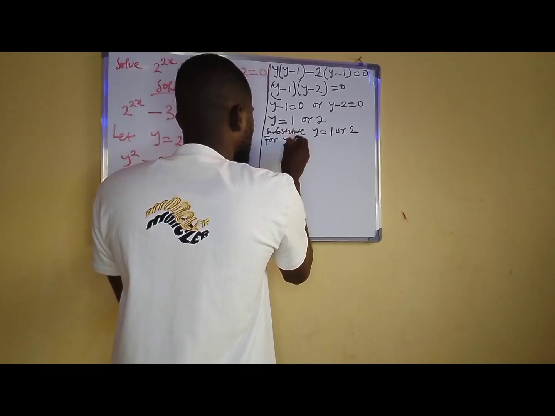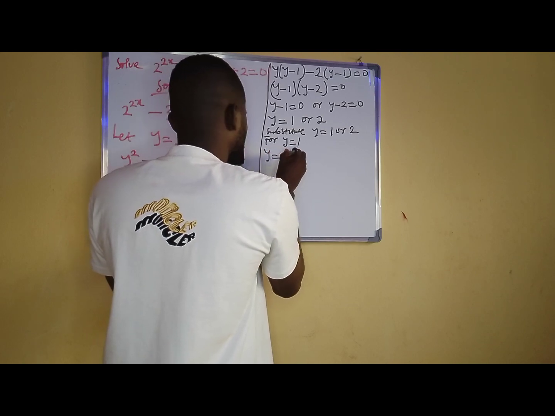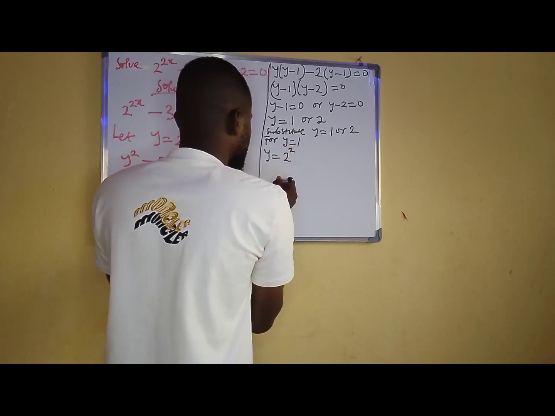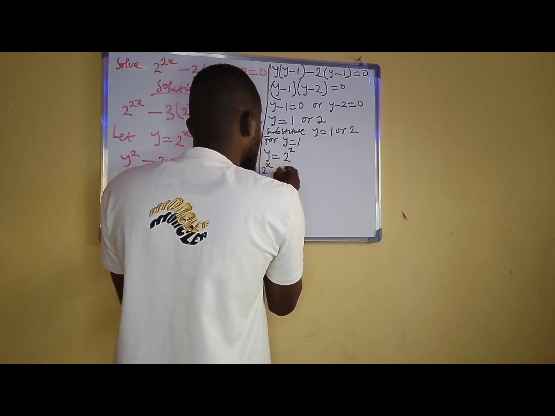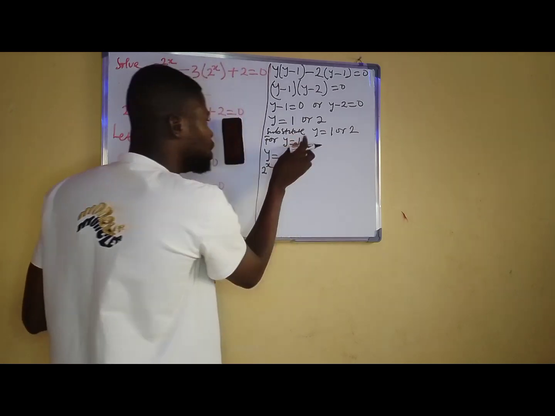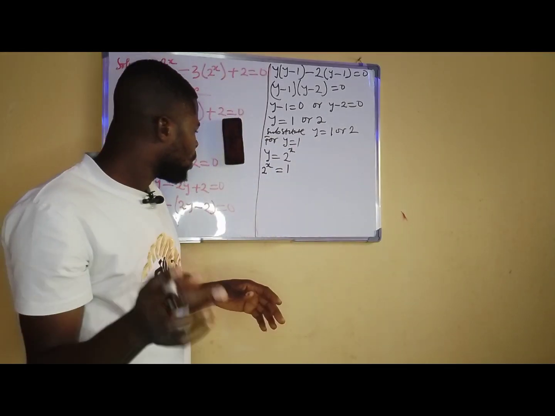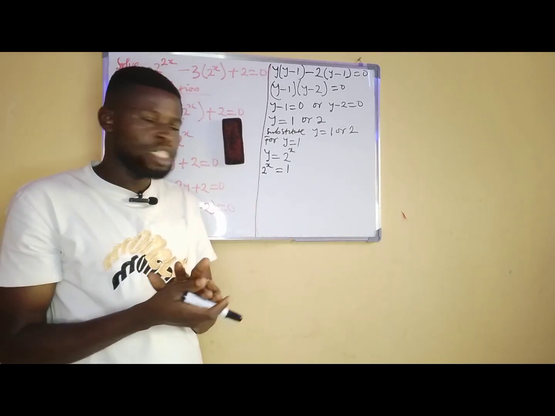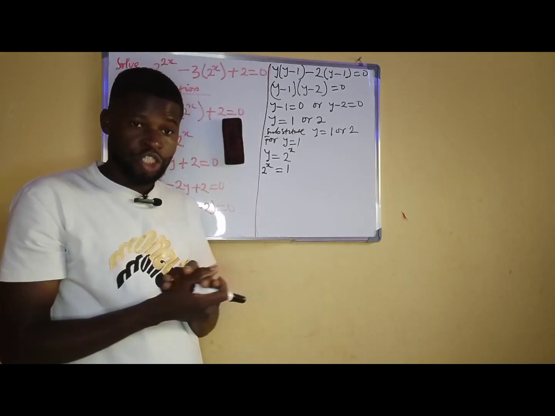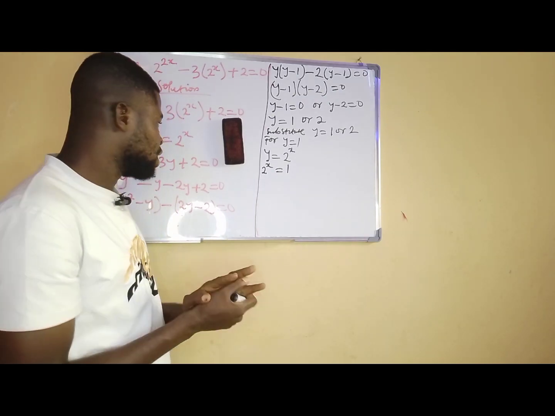for y equal to 1, we have that y is equal to 2 raised to power x. Now, 2 raised to power x is equal to 1 for y equal to 1. So from this place now, what do we do? We all know that anything raised to power 0 is equal to 1 in mathematics, recalling from indices.